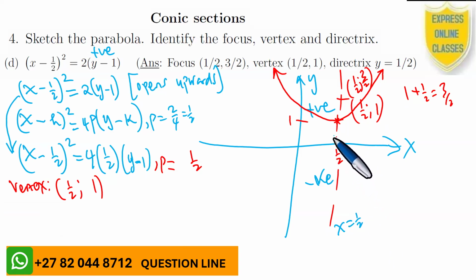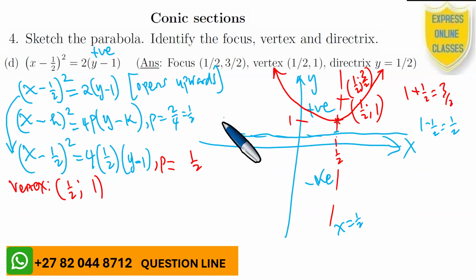So if we have our y equals 1 through this, then we go down according to P, half units. So from 1 we subtract 1/2, we get 1/2. And this is going to give us the directrix.